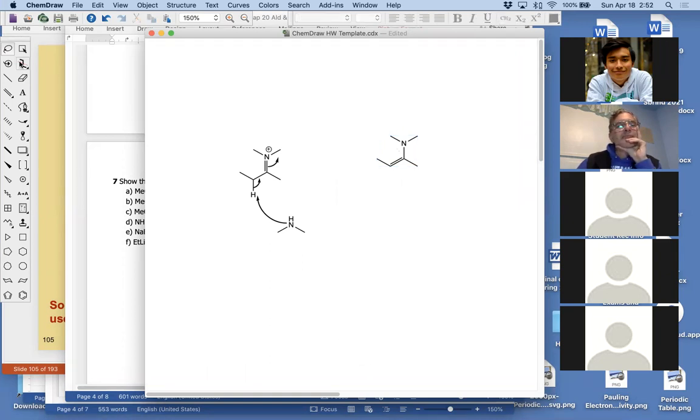You have the terminal alkene. No, you're not going to shift the alkene, but you can have cis-trans isomers because this is a single bond that can rotate. You'd get a mixture of cis and trans, or E and Z in this case. That came up twice on the last exam.